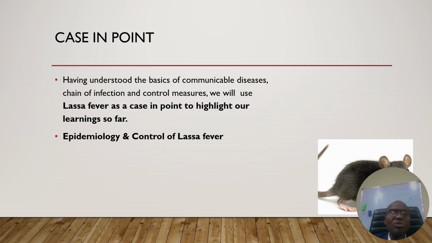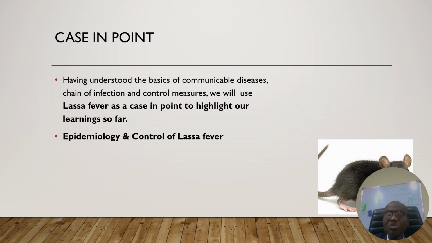So we want to highlight this discussion by looking at Lassa fever as a case in point, by looking at the epidemiology and control of Lassa fever. On this slide is the reservoir, the Mastomys, that we know harbors the virus, Lassa virus, and is able to transmit it to man primarily.